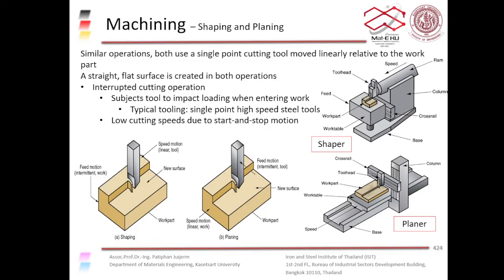Okay, I forgot to mention a little bit about the cutting tool. I mentioned the high speed steel, right? But in fact, high speed steel is just one type of cutting tool that we can use.